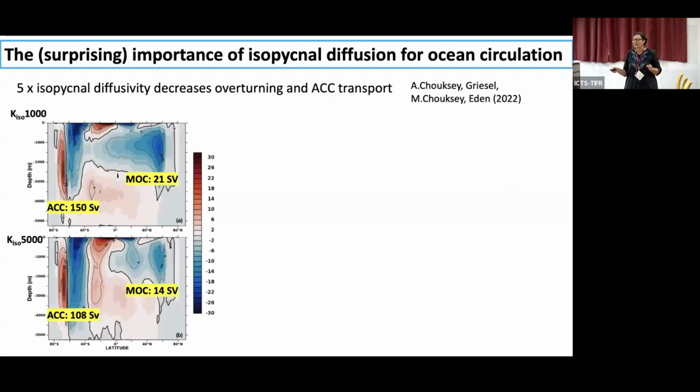And so we have investigated this a little bit further. We have increased the isopycnal diffusivity, and then we can see that the Antarctic circumpolar current drastically decreases from 150 sverdrups to 108 sverdrups, and the overturning circulation also decreases from 21 to 14 sverdrups.